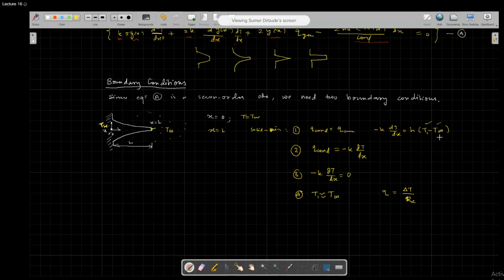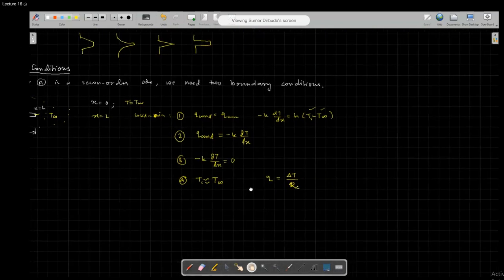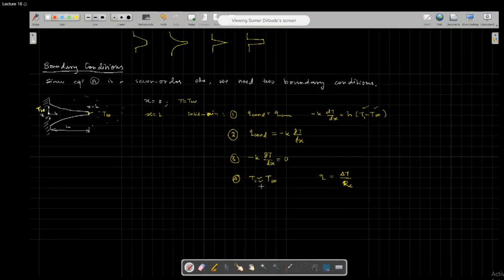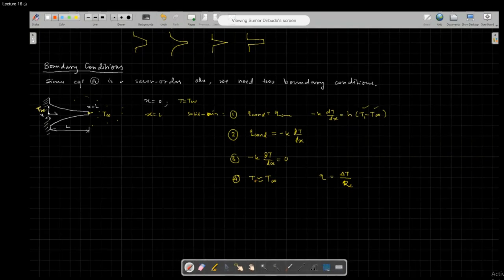One doubt: the last condition you wrote, T equal to T infinity, isn't that for infinitely long fins? Not exactly.